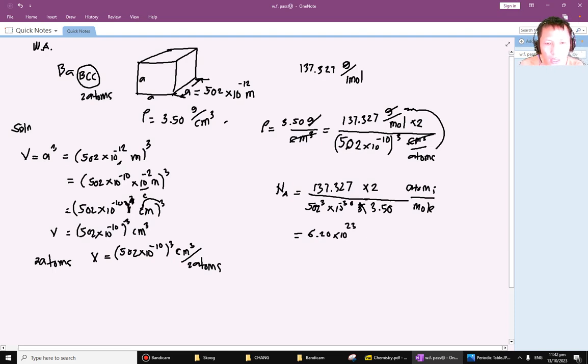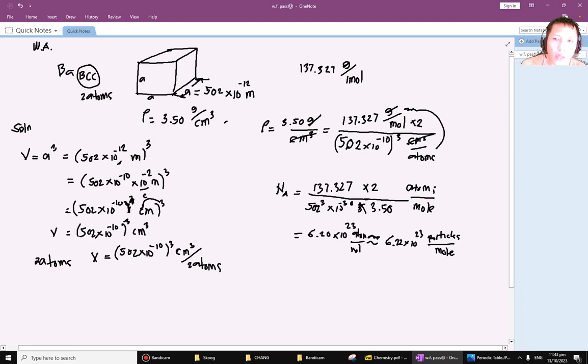So actually, the Avogadro's number is already well known, and we will be using that for our solutions for the next problems. That should be 6.022 times 10 to the 23. The unit would be particles per mole, while here for this problem, the units would be atoms per mole.